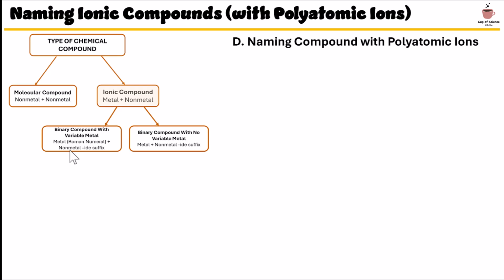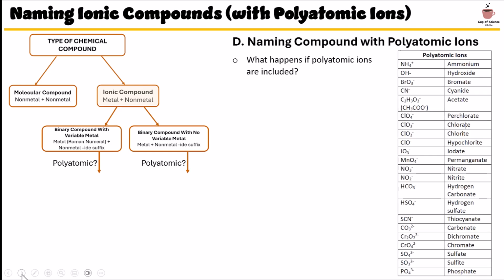Okay, if the non-metal portion has a polyatomic ion. Polyatomic ions, if you recall, are the list of this. Although it doesn't list everything you see as all of the polyatomic ions, but you do see the common ones that are popping out a lot in your chemistry introductory course. So what do we do when these are present?